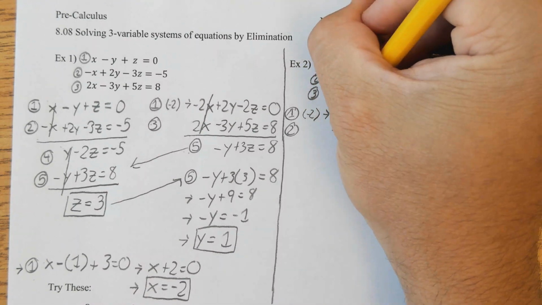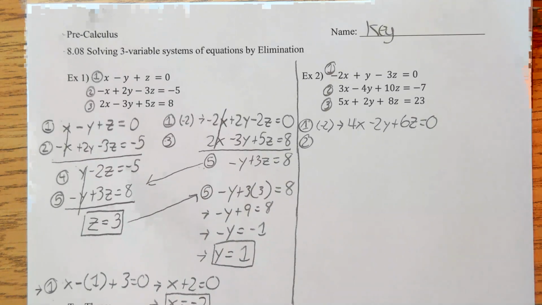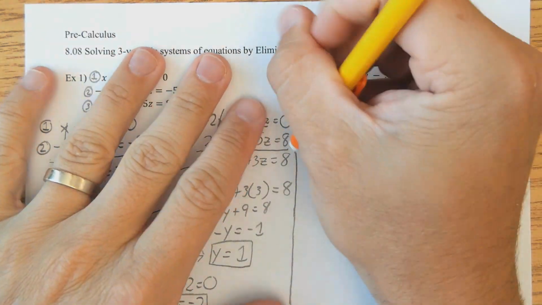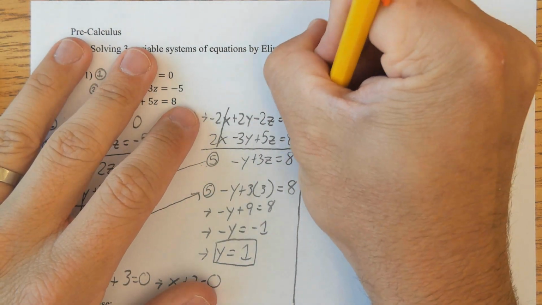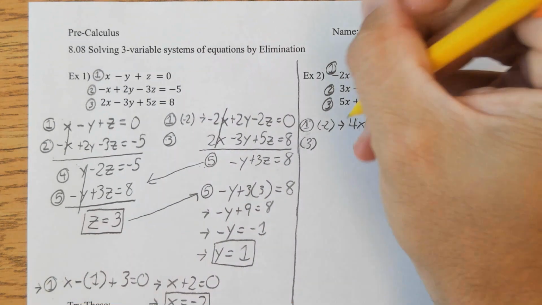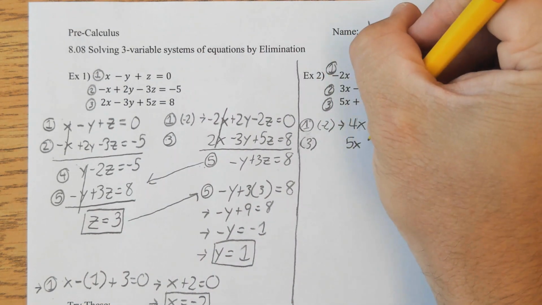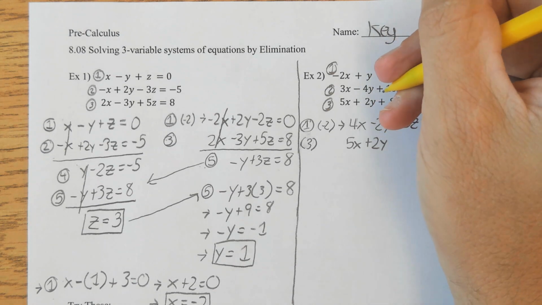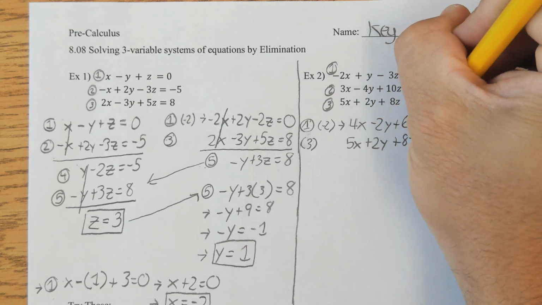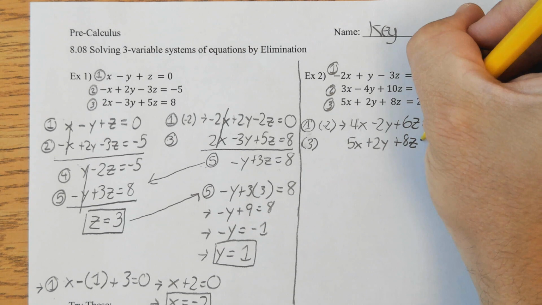And then, let's do equation 3 here. Sorry, we're going to do equation 3 here first. And then that's just going to leave me 5x plus 2y, 8z equals 23.